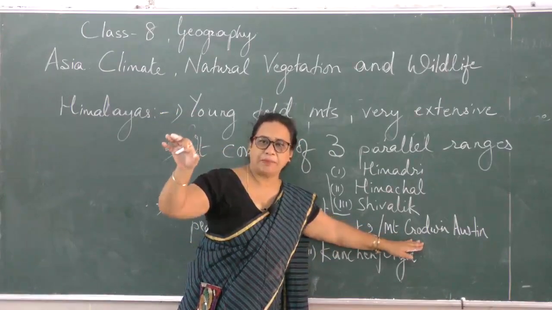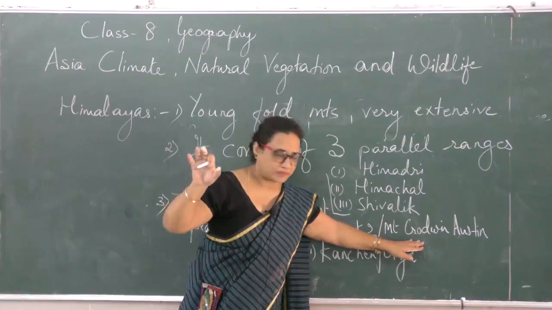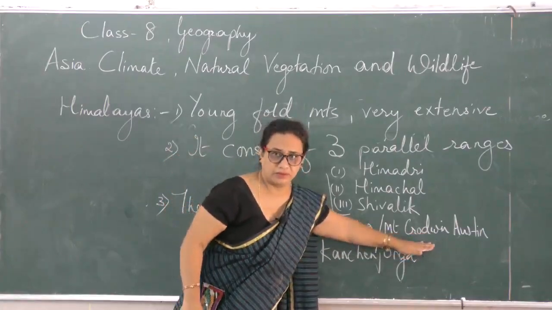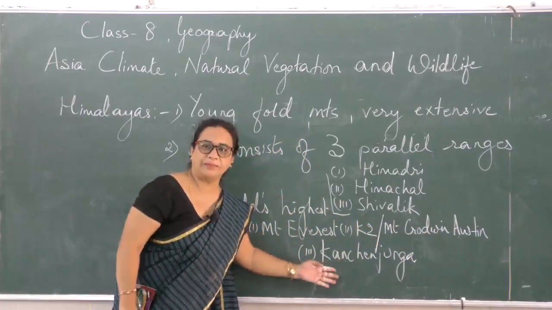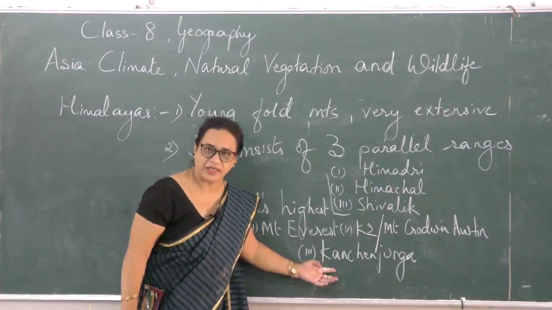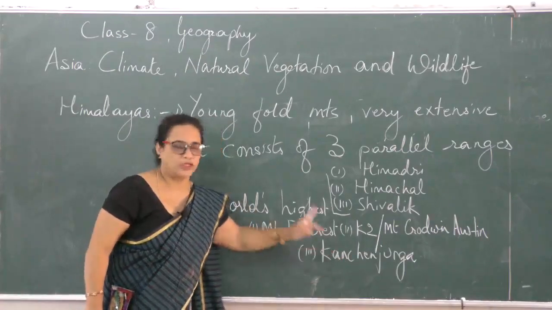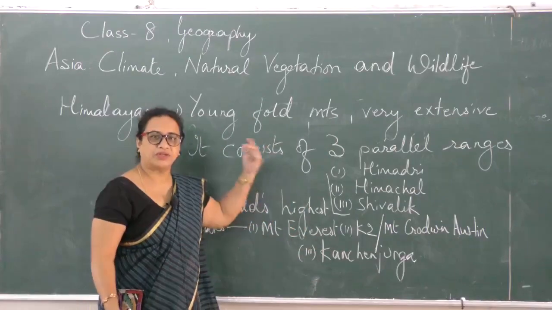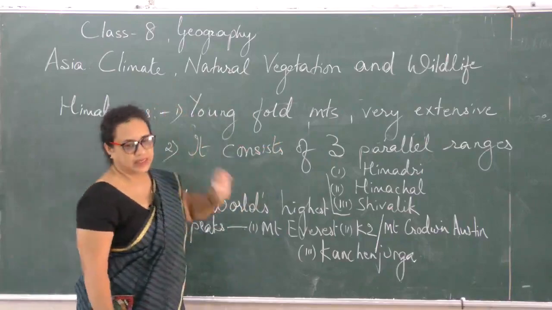We call it Pak occupied Kashmir. You must have heard of POK. So we don't count that also. So we are left with the third one. This is now numbered as the highest peak in India. But in Asia, this is the order you have to remember. Clear? So these were the few things I wanted to revise and tell you in the previous chapter. Now we come to climate of Asia.